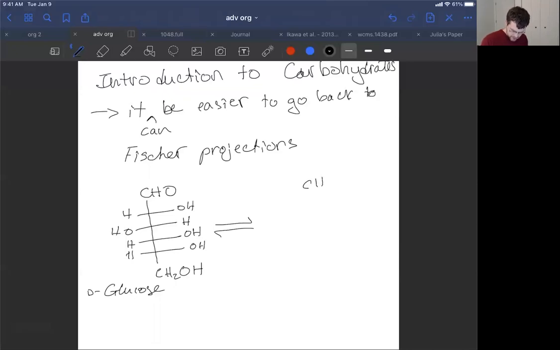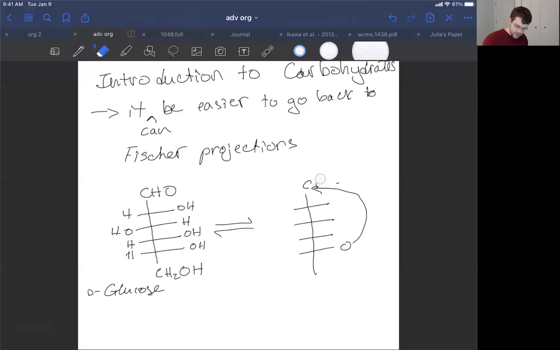I should clarify with the structure. I'm going to draw my 4 stereocenters, but this is going to be an O that's now adducted to the C. And instead of having a CHO, I'm going to have a COH. So those two are now bonded with each other, and otherwise, it's the same.